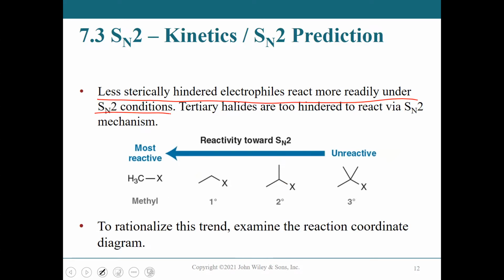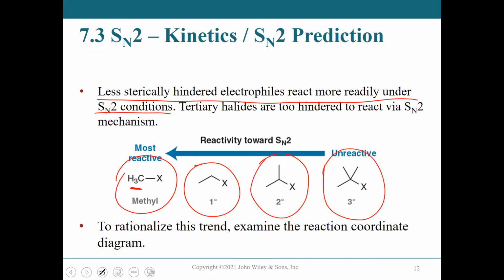So methyl halides are going to be more reactive than primary because there is less hindrance here. And tertiary alkyl halides will never undergo SN2 reaction. Why? Because they are too hindered. And that's the example that I was giving you a minute ago, right? Remember, for this particular compound, this one.